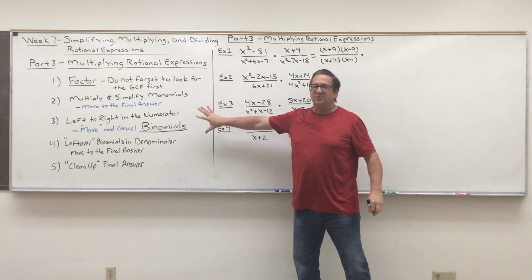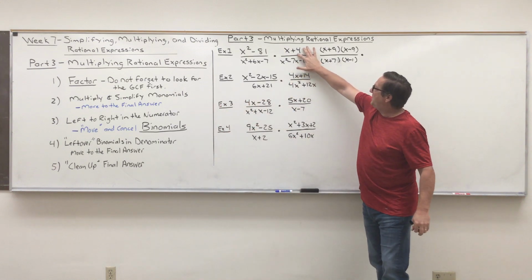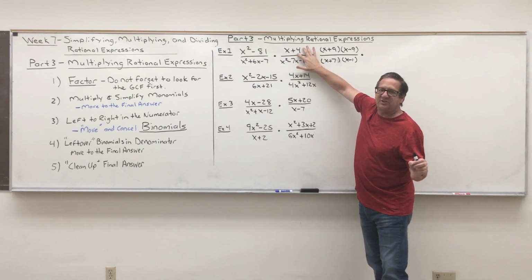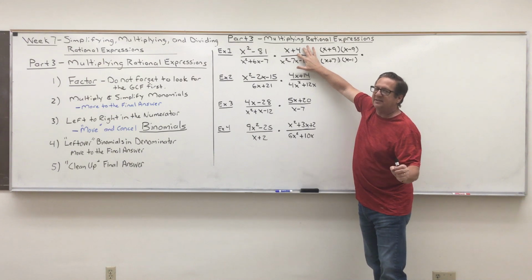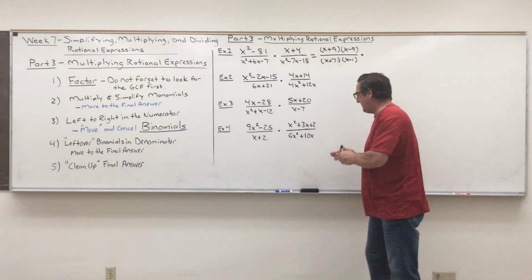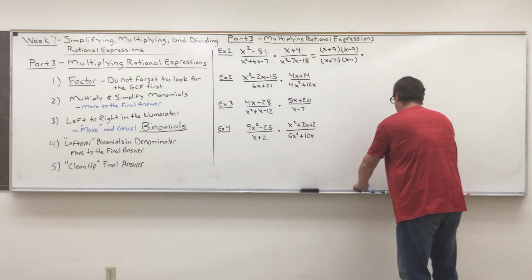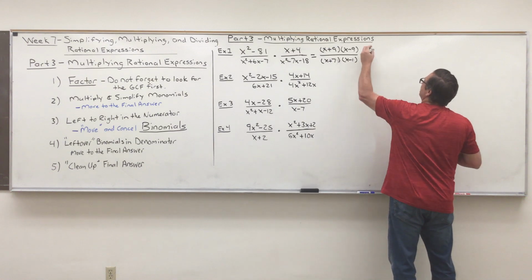Now, this isn't in your rules, but x plus 4 is a binomial and it doesn't have a GCF. It isn't a difference of squares, so I want you guys to protect it with parentheses.